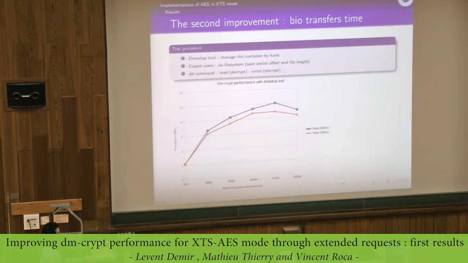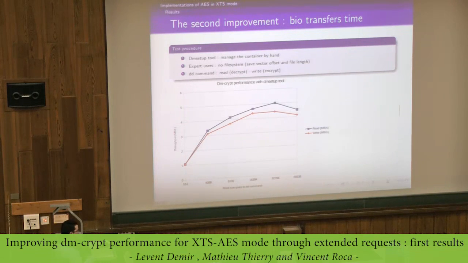But we also have another improvement, because using bigger requests gives us more improvement about the BIO transfers. This is the global input-output. And just to show it, I have created a container, and thanks to dmsetup, this is not LUKS, this is the same, but this is for expert users. You don't create a file system.